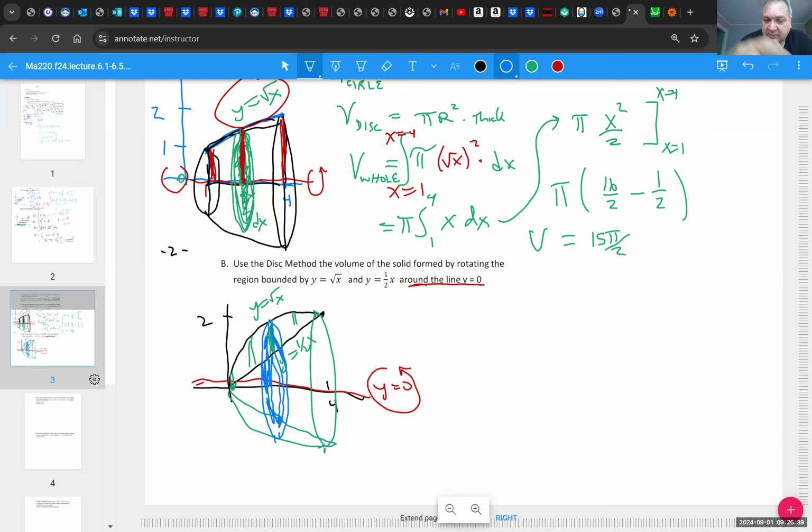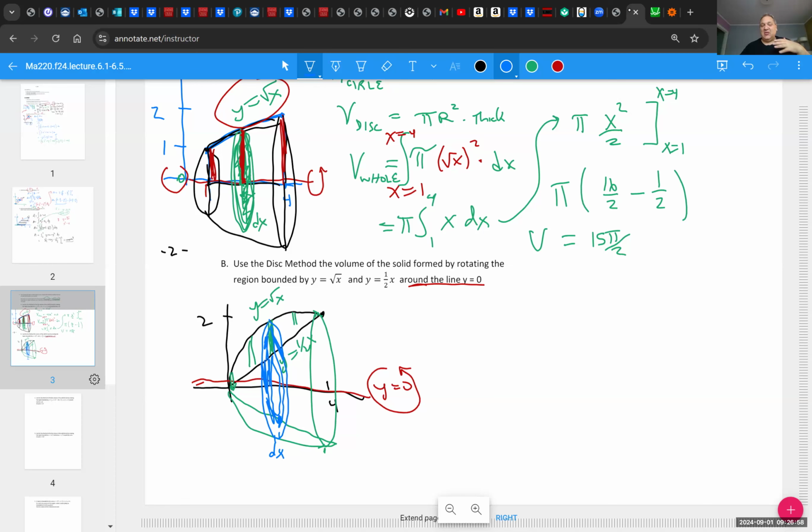And the thickness is in the x direction. So you may now know that that's a dx thickness. So we get this sort of, it's not a disc because it's got a hole in the middle missing. But a disc with a hole in the middle is just a big disc minus a little disc, right?